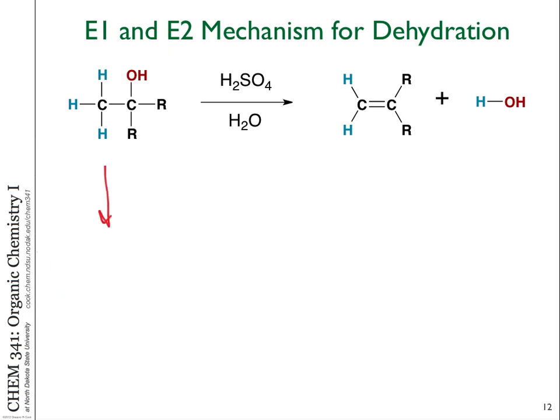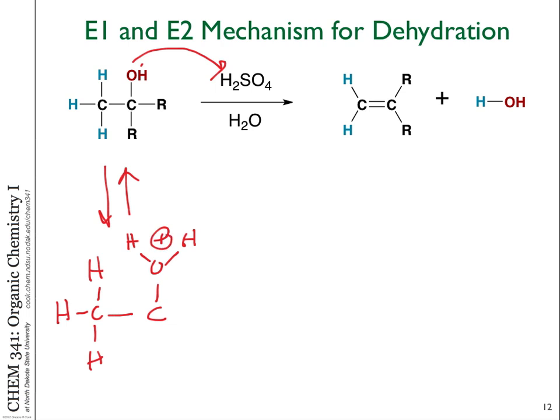So protonation would form the protonated alcohol. If it's on a primary carbon, I've drawn hydrogens there now, it's harder to form a carbocation.